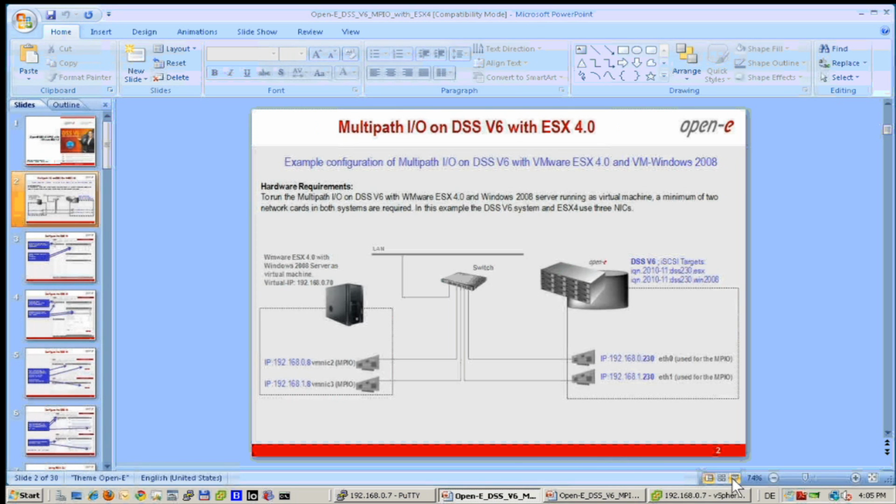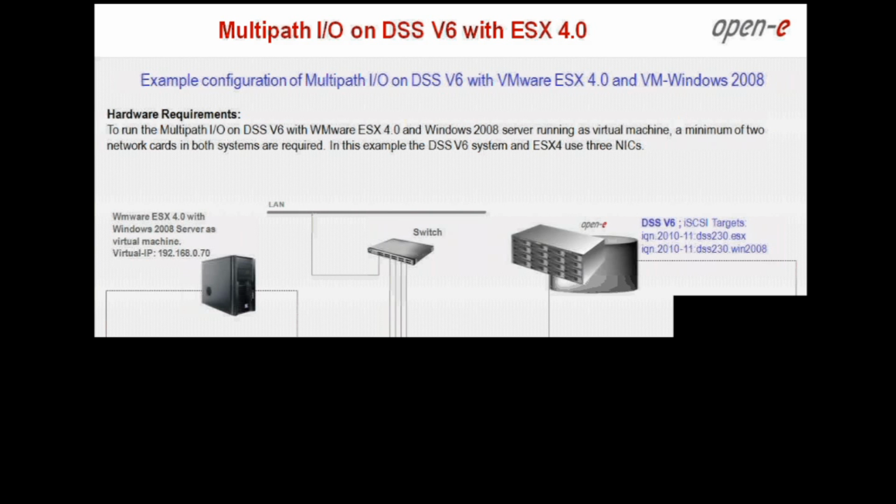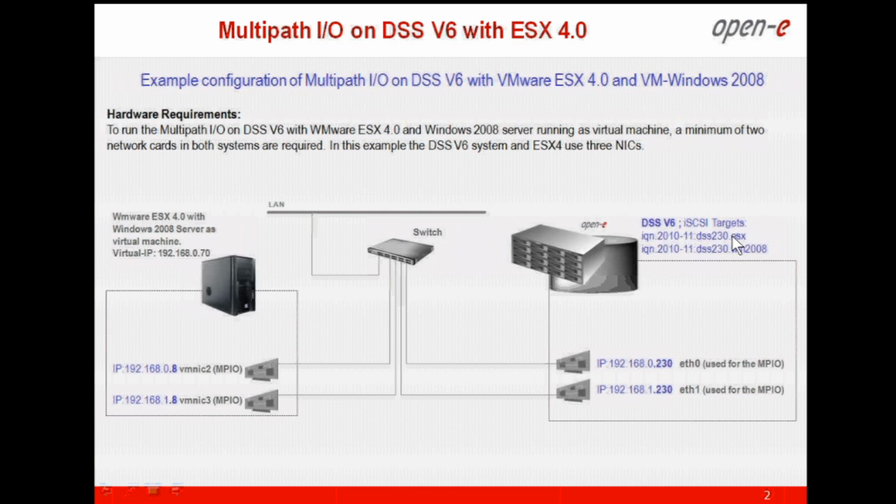The second chart is also very simple. Here we have the same DSS, but I have configured two logical units and two targets. The first target will be for ESX and the second for Windows 2008, so for both tests we use the same DSS server.